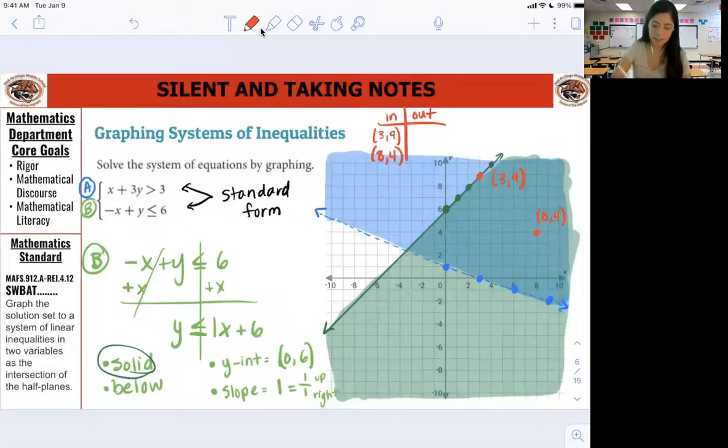Can anyone give me an example of one that is out? (-10, -2). Good. That's right over here. (-10, -2) is out. I'm seeing in the chat (-2, -9).